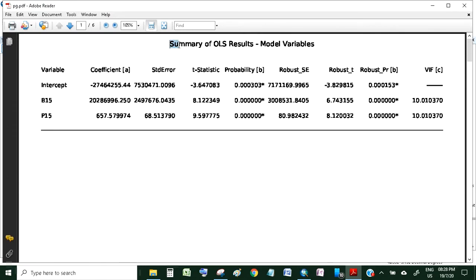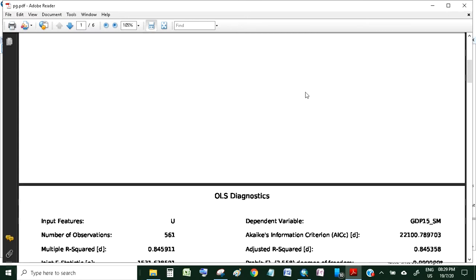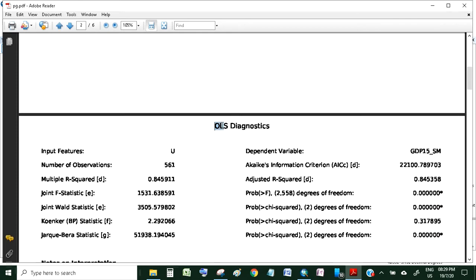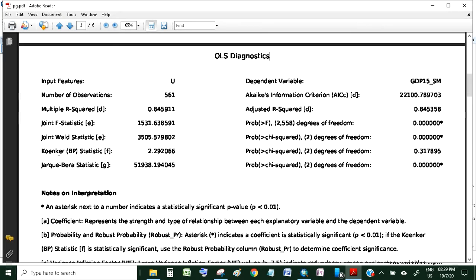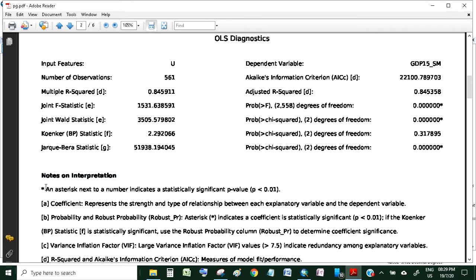There are two important parts which we must know: the summary of OLS results, and the second is OLS diagnostics. And these are the notes given for interpretation. The important information is where this asterisk is given. This symbol means that it is statistically significant.